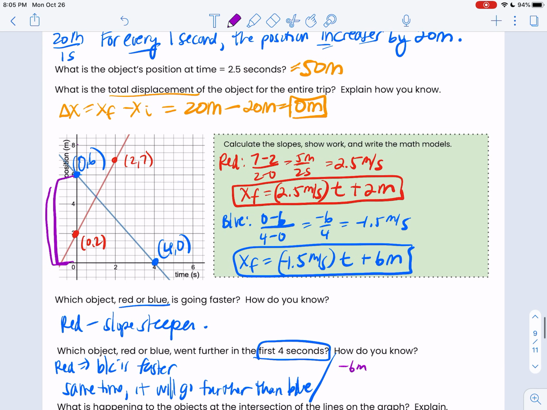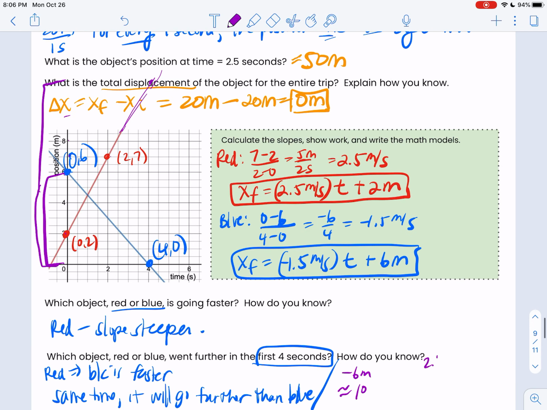It's going to be like way up, like here somewhere, right? So it's going to be like 8, 10, 12, like way further. About 12, or 10. Be more than 10, wouldn't it? 2, oh wait, 6, 4. So in 4 seconds, red is going to go 2.5 meters per second for 4 seconds.